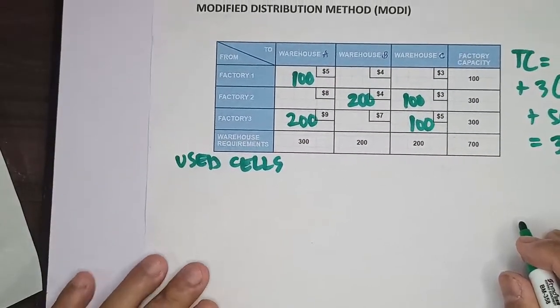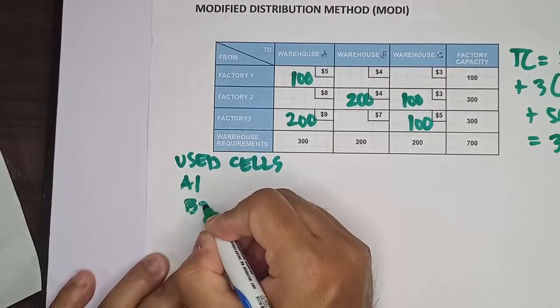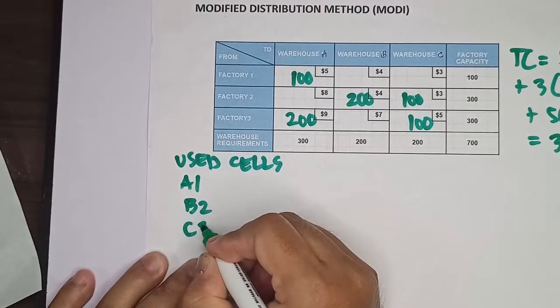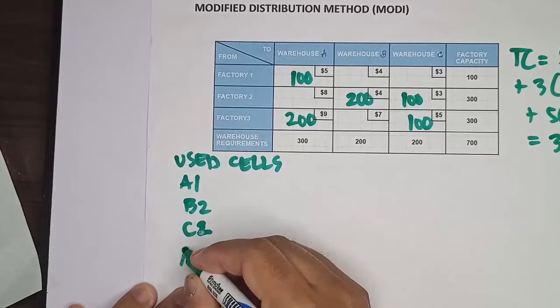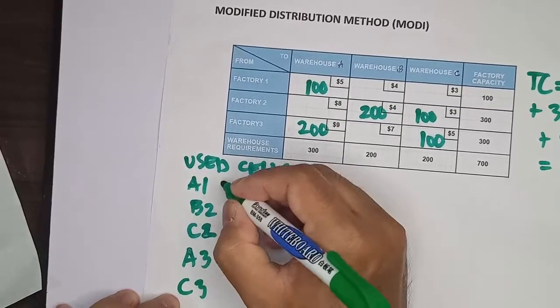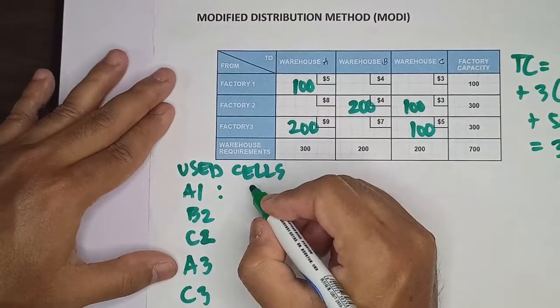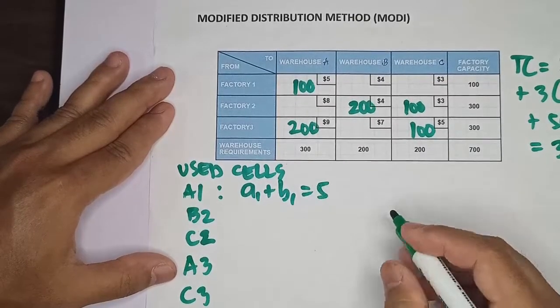The used cells are A1, B2, C2, A3, and C3. The equation for A1 is A1 plus B1 equals 5.